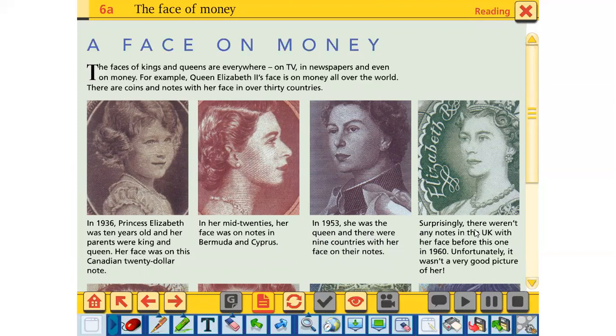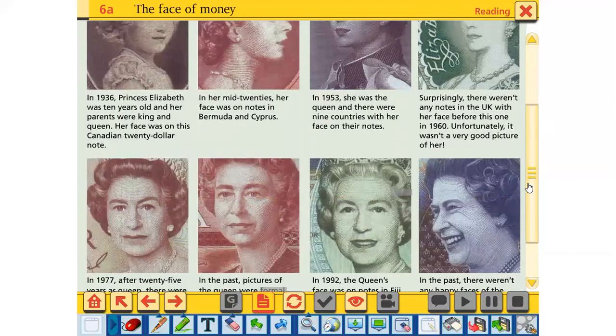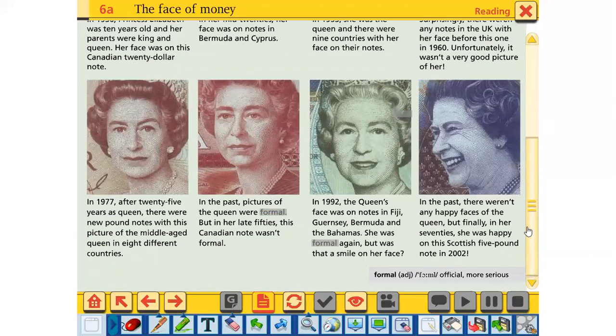Surprisingly, there weren't any notes in the UK with her face before this one in 1960. Unfortunately, it wasn't a very good picture of her. Okay, we have some more faces here.